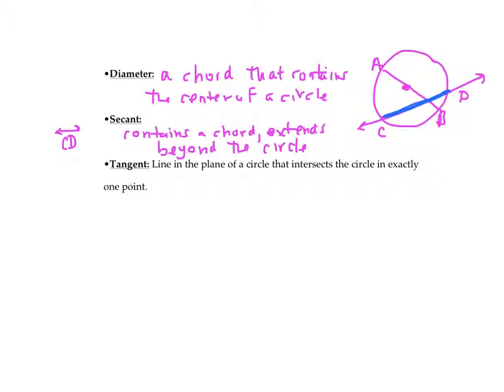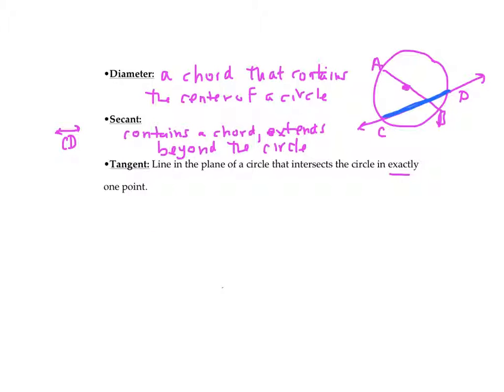A tangent is a line in the plane of the circle that intersects the circle in exactly one point. So if we draw a circle, and I draw a line so that it touches the circle in exactly one point. Let me try that again. So let's start with a circle.